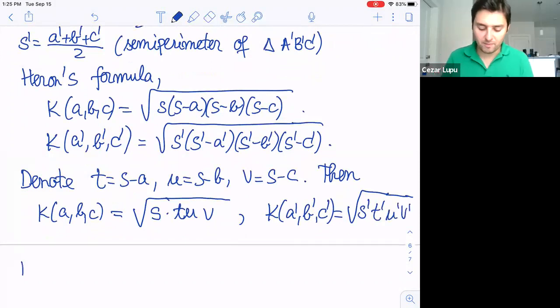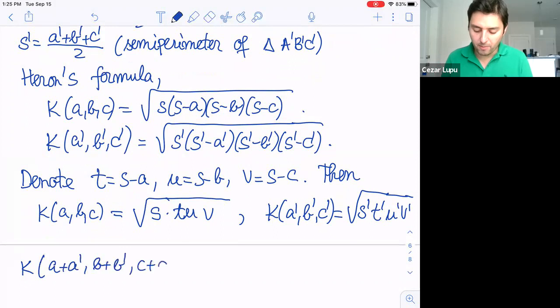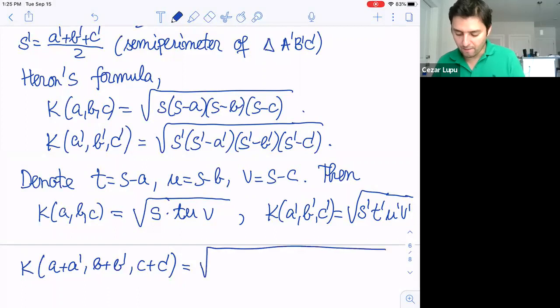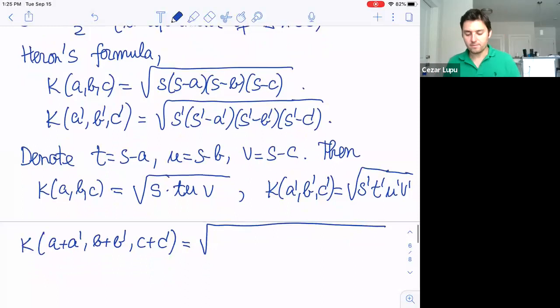Now the question is, what is K of A plus A prime, B plus B prime, C plus C prime? Look, I want you to tell me this. It will be the square root of what? Well, the semi-perimeter will be what?